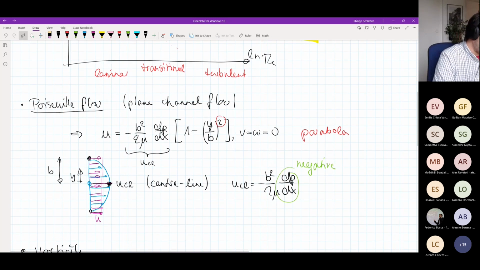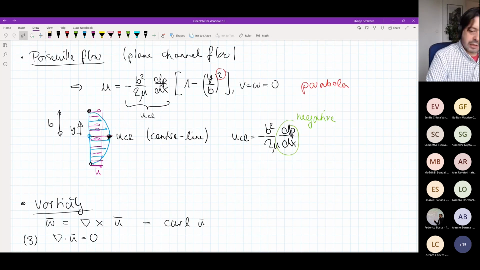Then we moved on to one of the most important examples in fluid mechanics, that is the Poiseuille flow or channel flow. So we talked a little bit about the plane Poiseuille flow and also the circular Poiseuille flow, pipe flow. And essentially the result that we got was like this, that we obtained the velocity profile as a function of the vertical distance y, so u as a function of y.